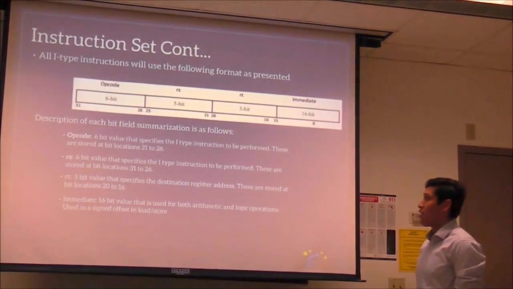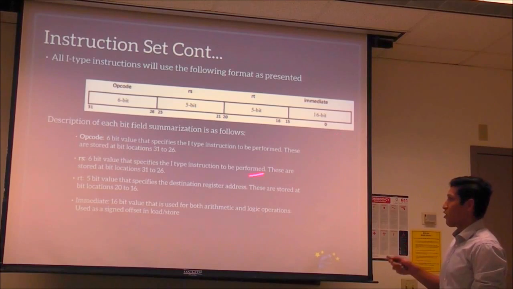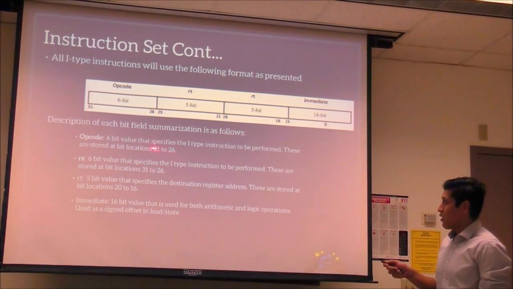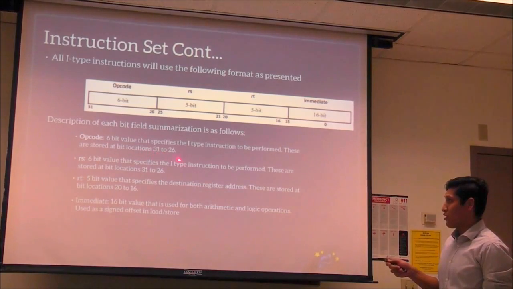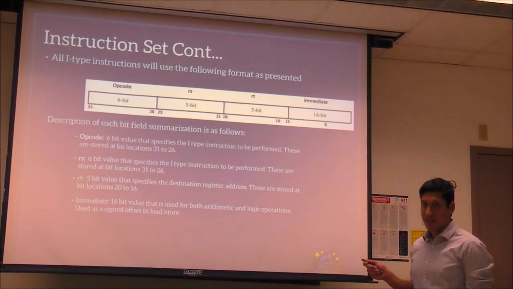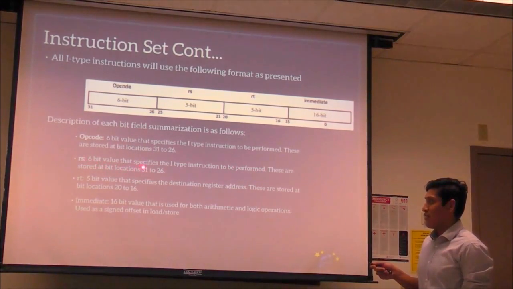Our I-type instructions will use this format, where our opcode is the same as the R instruction. The bit locations are 31 to 26. We don't have a destination register. We have an RS, a 6-bit value that specifies an I-type instruction to be performed.